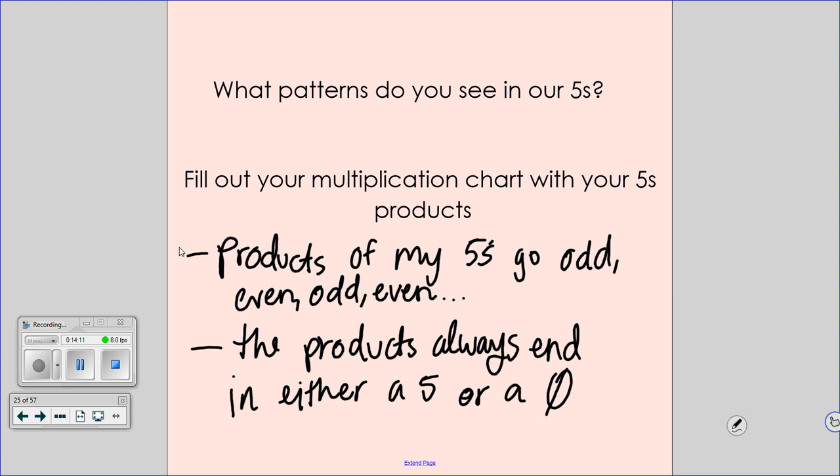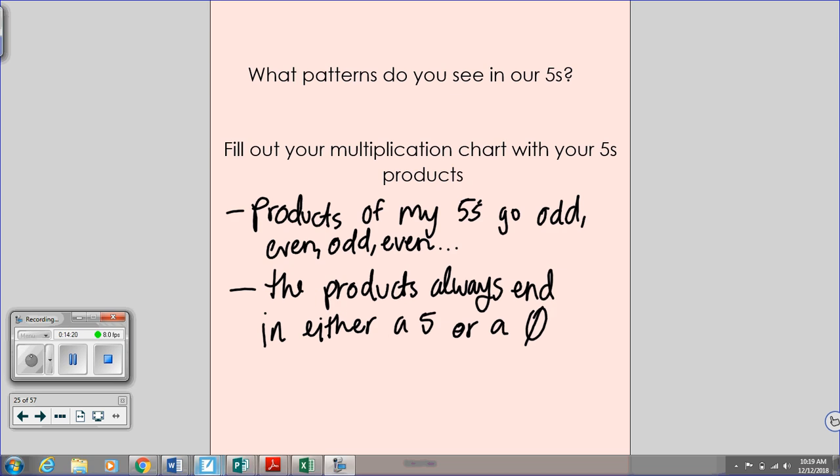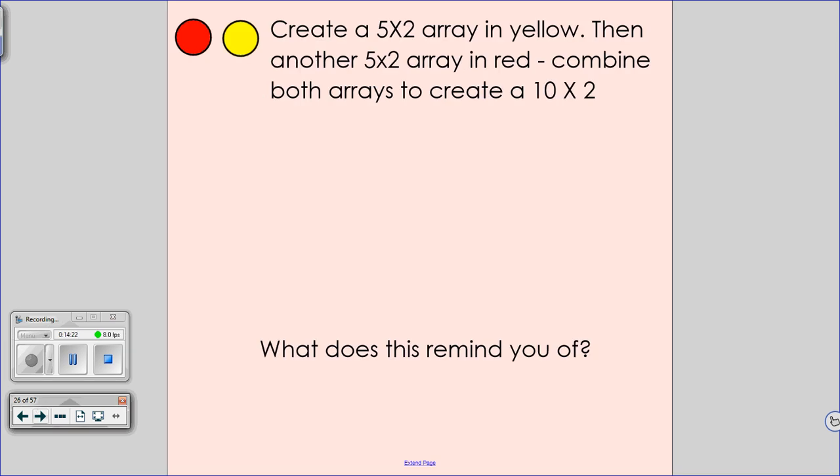Alright, please place your hundreds chart on the page that you're writing your notes on once you've gotten it down. Alright, I want you to get some counters out. You're going to do it on your desk first, and then you're going to draw it in your notebook too.